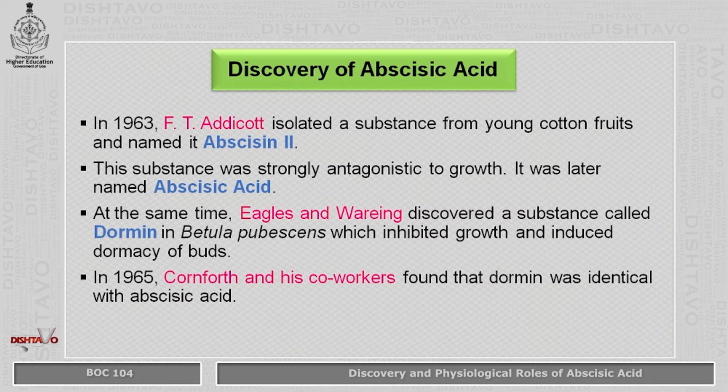At the same time, Eagles and Wareing discovered a substance called dormin in the plant Betula pubescens, which inhibited growth and induced dormancy of buds. Later, in the year 1965, Cornforth and his co-workers found that dormin was identical with abscisic acid.